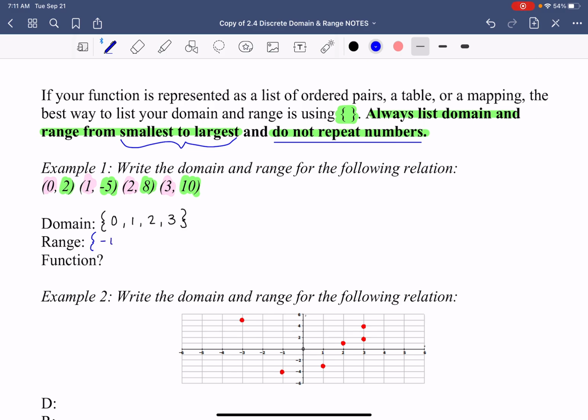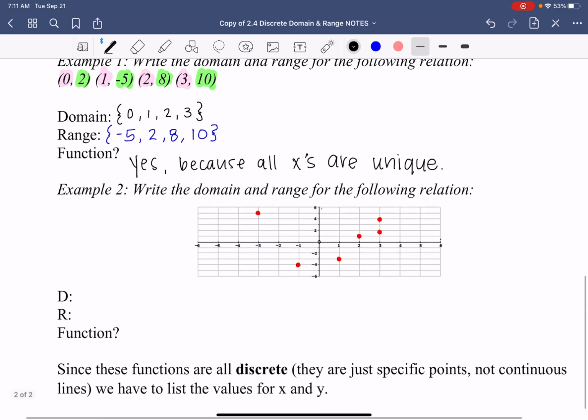So -5 will go first, and then it's 2, 8, 10. And then we need to determine if this is a function. Yes, this is a function because all x's are unique. We don't want to repeat our x's, remember, because that relation is not a function.